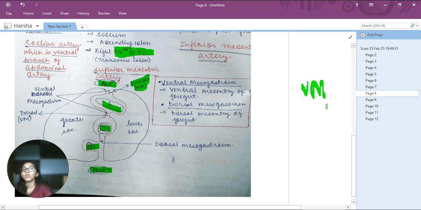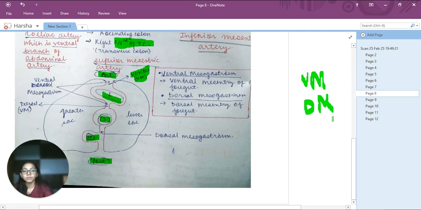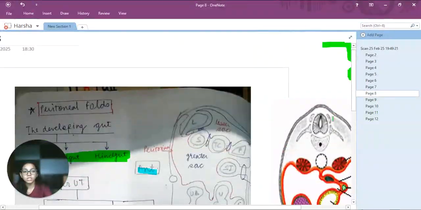Again, the dorsal mesogastrium is divided into two parts: one is ventral dorsal mesogastrium and the other is dorsal mesogastrium. Fine.